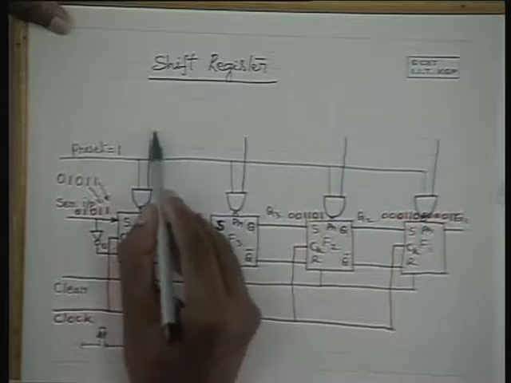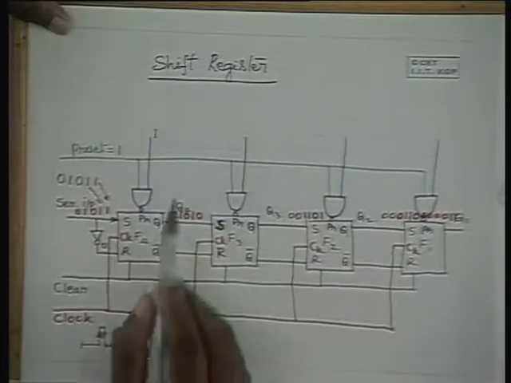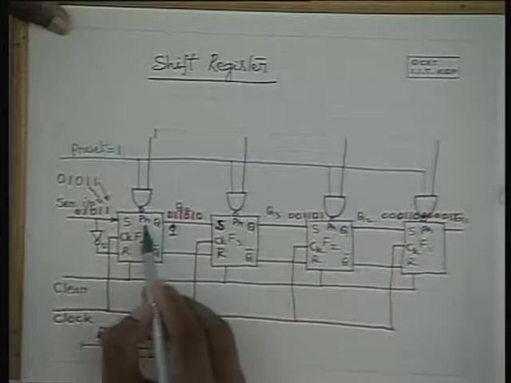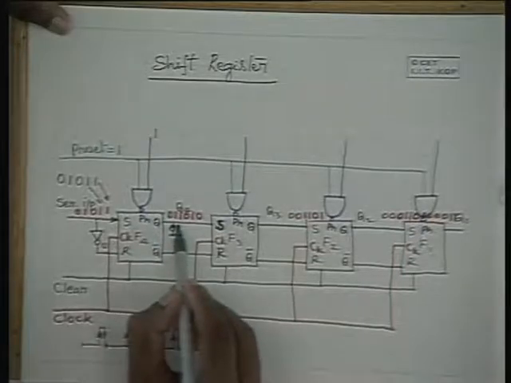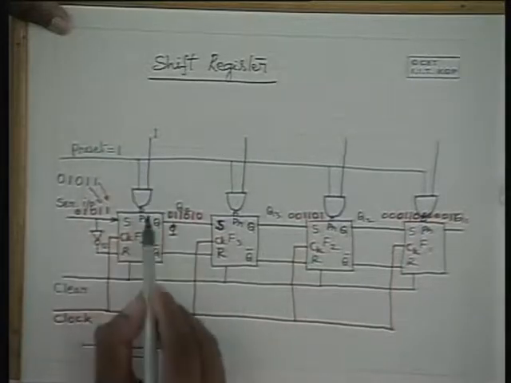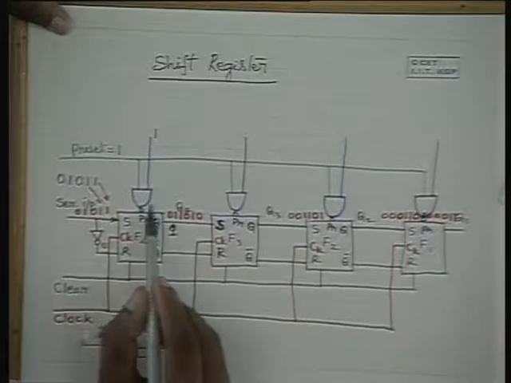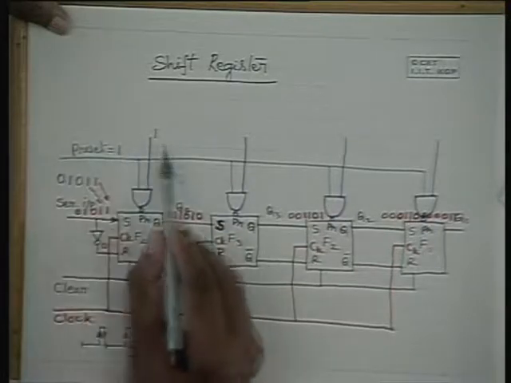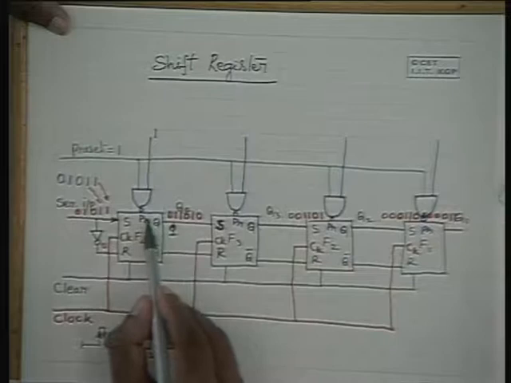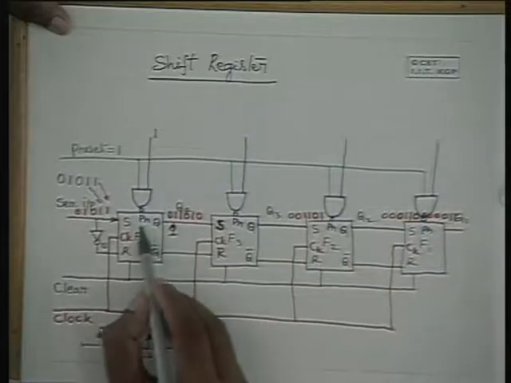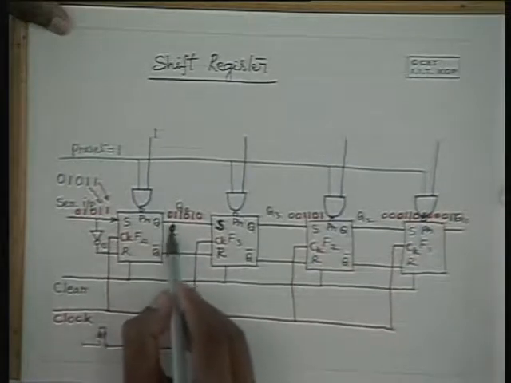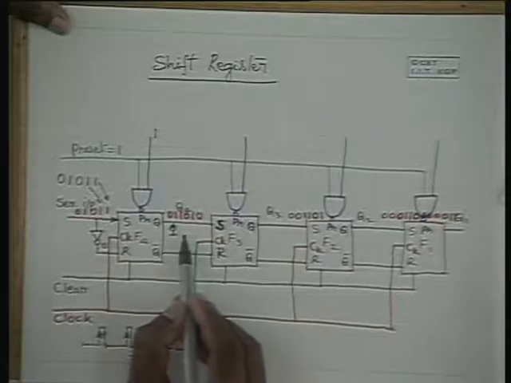Hence, if there is a 1 applied here, this 1 gets loaded into the flip-flop if preset is a 1. On the other hand, if preset is a 0, this 1 cannot get loaded in, because the preset input is a 1. If the preset input is a 1, this cannot get set.